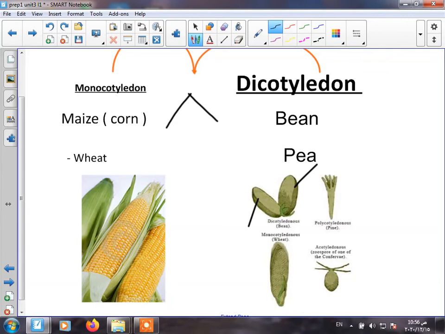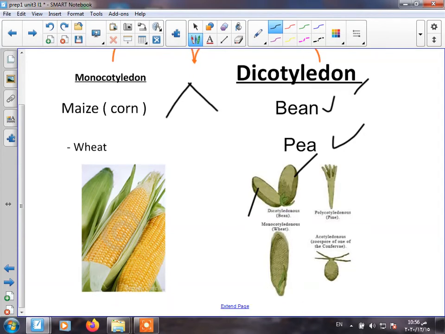So it is called dicotyledon, like the bean and pea plant. And monocotyledon like maize, as you can see in the picture, and wheat. Wheat is used to make flour, which is used in making bread.